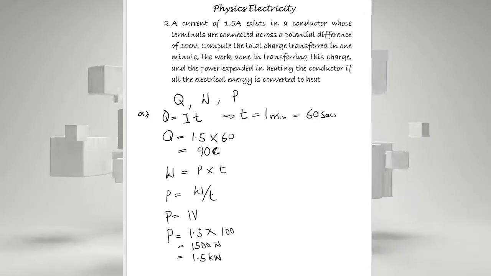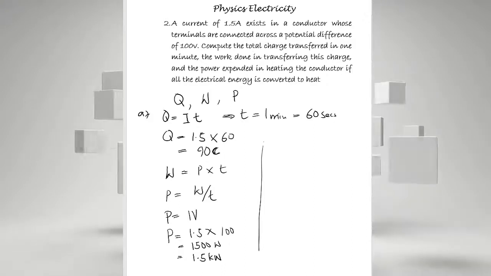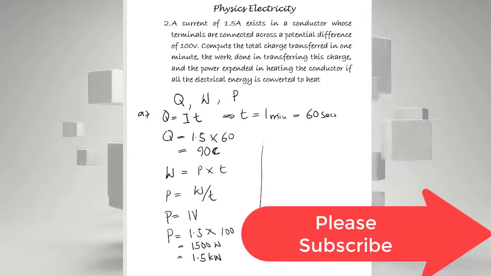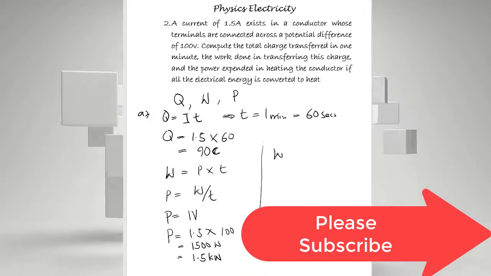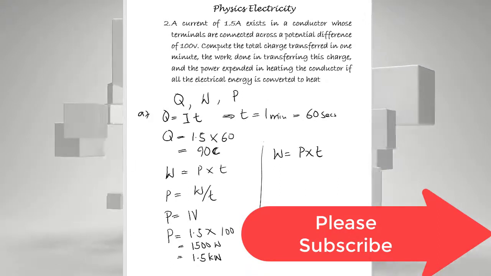Okay, now that we've done that, we can now go straight to solving for the work done, W. Remember, we said that work done is equal to power times time.